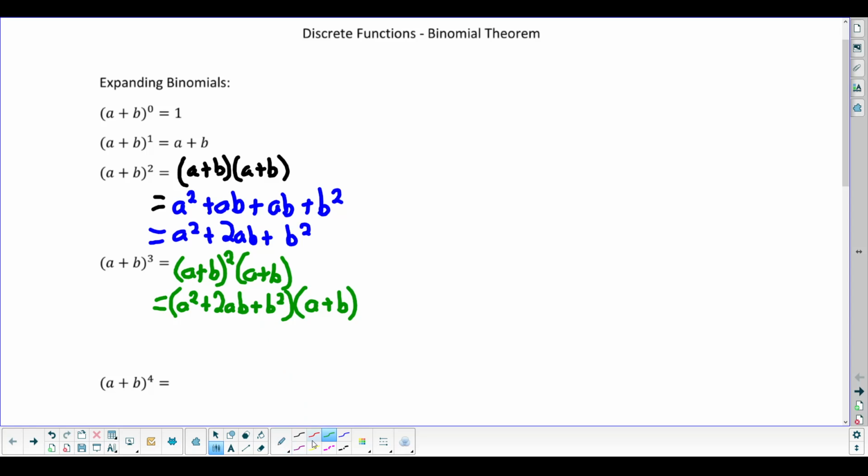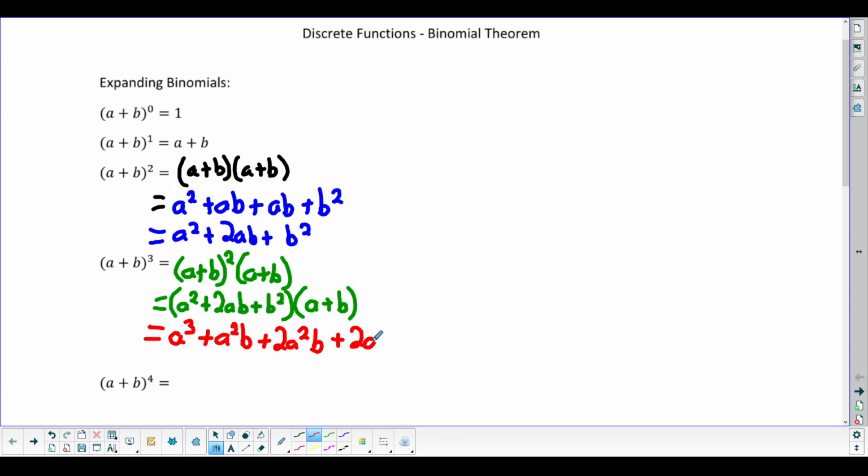But the idea with FOILing is that we're just multiplying everything in one bracket by everything in the other. So we can do that. We'll start with a squared. So a squared times a is a cubed, and then we'll do a squared times b, a squared b. Okay, now we got the 2ab next, so 2ab times a. All those a's can square up: 2a squared b, and then 2ab times b.